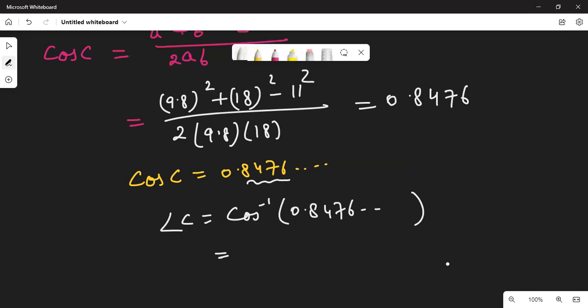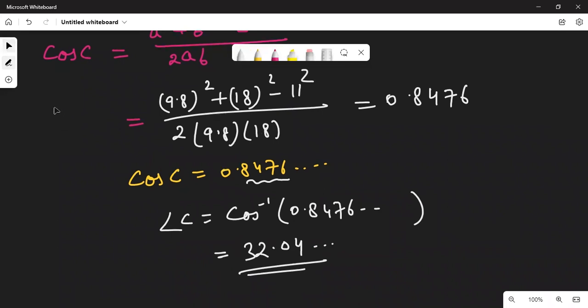So our angle C is 32.04, so approximately you can say 32.04. But if you are taking this value to find inverse, your answer is slightly different, which is perfectly fine. So this is angle C, and we have found angle B and C also. So let us write them.